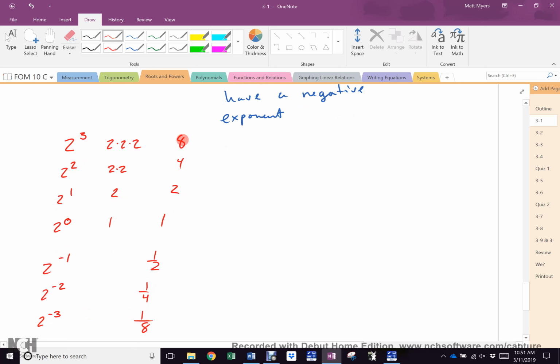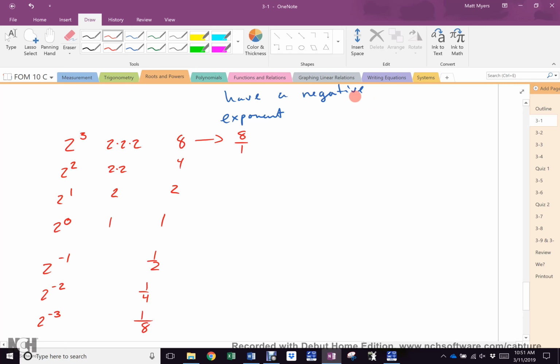2 cubed got me 8, which is really 8 over 1, isn't it? 2 to the negative 3 got me 1 over 8. What happened to this fraction? It flipped. Does anybody remember the proper math term for flipping a fraction? It's the reciprocal. Is everybody cool?